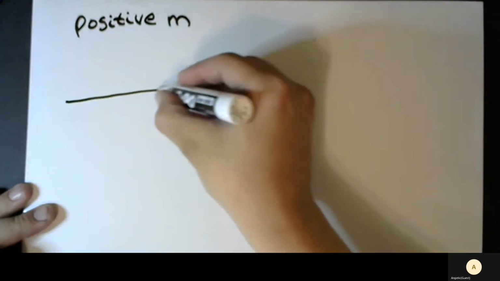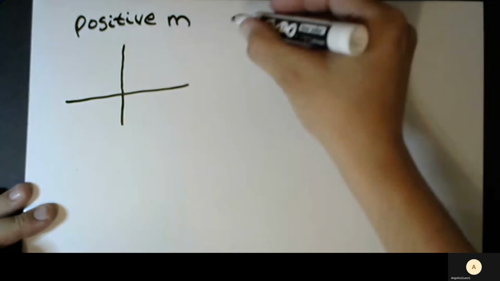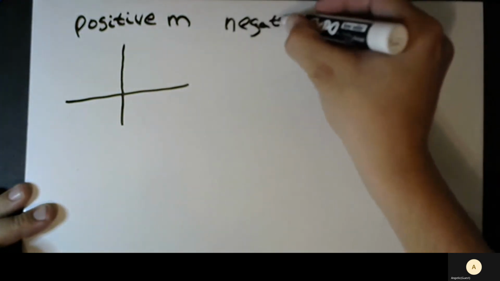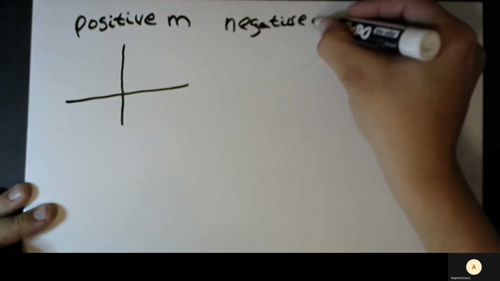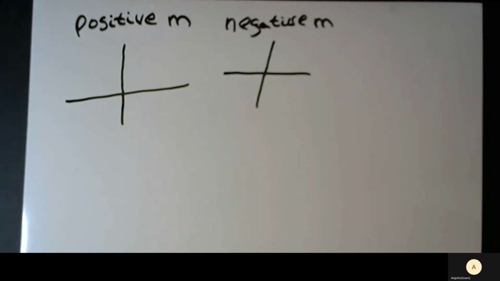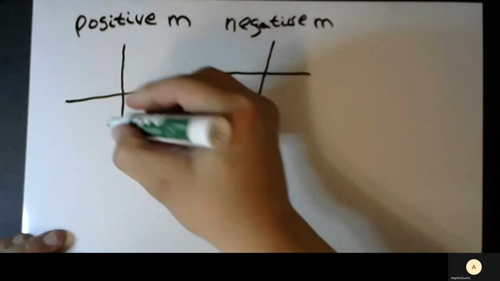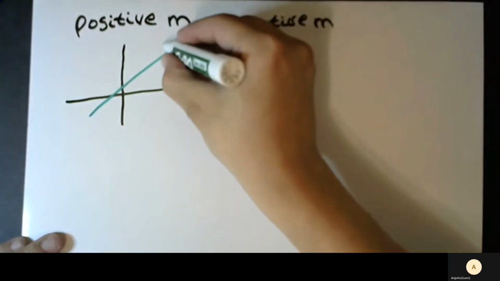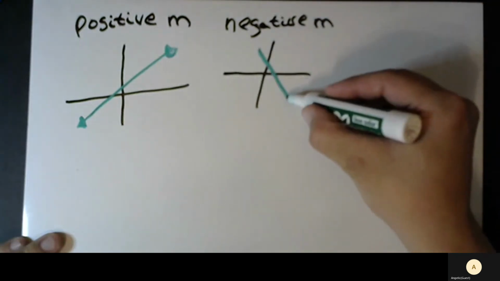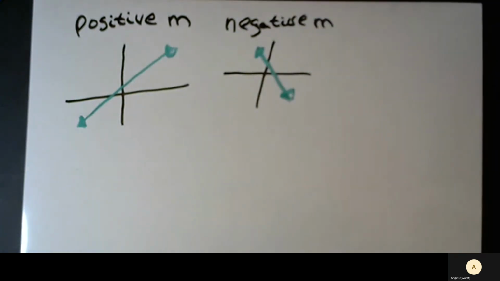So we can have a positive slope, we can have a negative slope. So what that will look like: this is what positive looks like. This is what negative looks like.